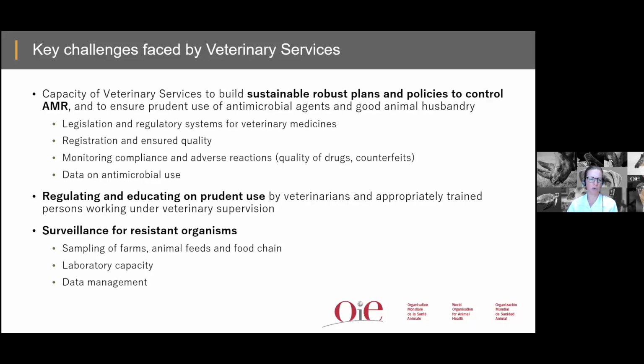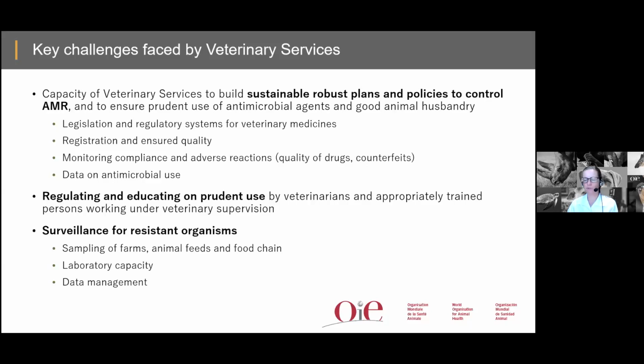And I mentioned before that we would really support veterinary services to collect data on antimicrobial use, because that's really important for us whenever we're informing policy. And we want to regulate and educate on prudent use of antimicrobials. And this means both veterinarians and other trained personnel, so paraprofessionals. And we want to make sure that they understand how to use antimicrobials appropriately.